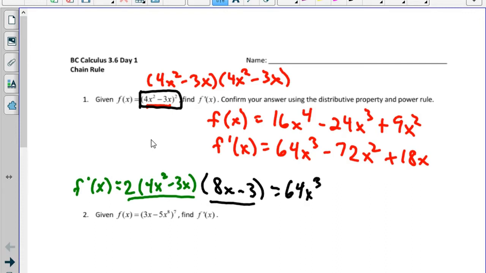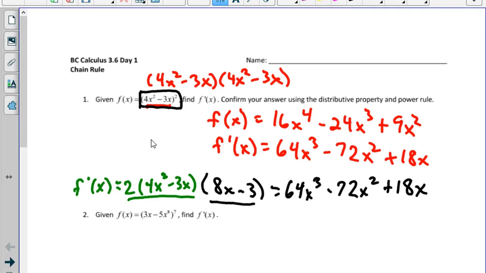If I take a look at all of the terms that I'll end up having x squared, I end up with negative 12 and negative 24, that's negative 36. Multiplied by that 2 on the outside, I get negative 72x squared. And then negative 3x times negative 3 is 9, times that 2 on the outside, I get 18x.